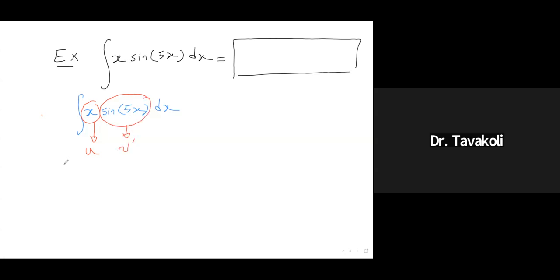So if u is x, u prime, the derivative of x, is 1, right? If v prime is sine of 5x, the most straightforward antiderivative of sine of 5x, in other words, v itself, is minus 1/5 cosine of 5x. So in fact, here I used this formula.